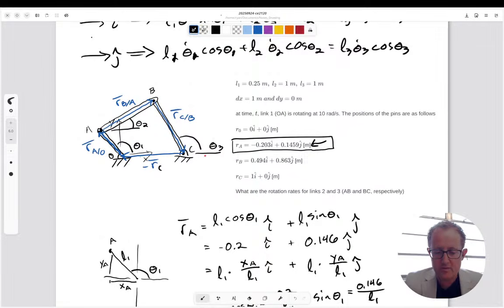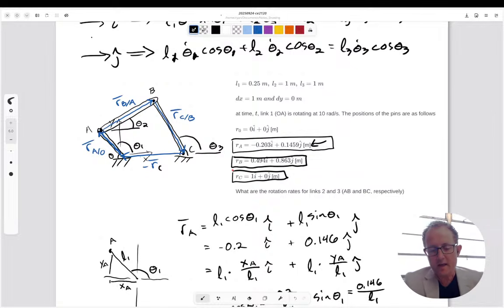I'll start with theta 3, since, well, might as well go in order, right? 1, 2, 3. So now I know something about this RB and I know RC, but I don't have this. How do I want to draw it?